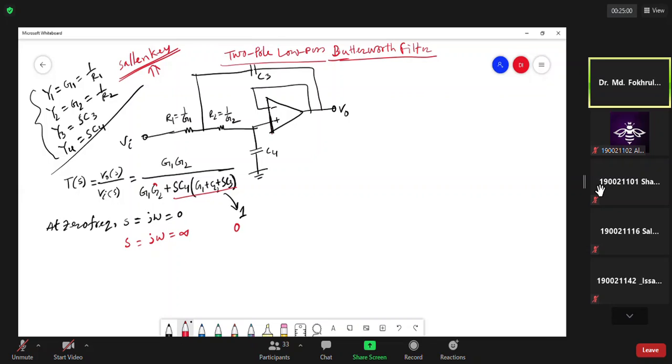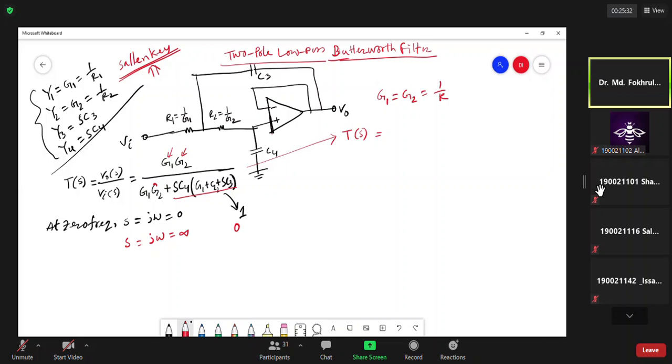So in order to generalize more, we can let G1 equals G2 equals 1 by R. If we make this, then the transfer function will change accordingly. So from this transfer function, we can get T(S). If we replace G1, G2, we consider them equal and both are 1 by R, then what will happen?